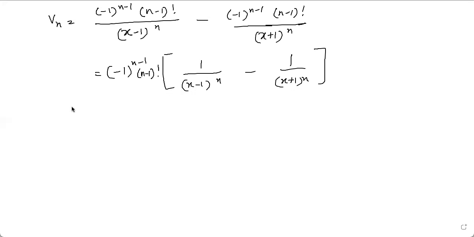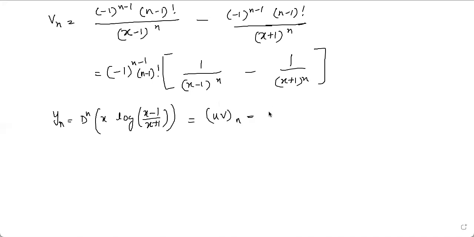Now, therefore, by Leibniz theorem, what do we have? y_n, which is d^n of x log((x−1)/(x+1)), so that would be u v_n plus nC1 u1 v_(n−1), and we don't have the next terms.